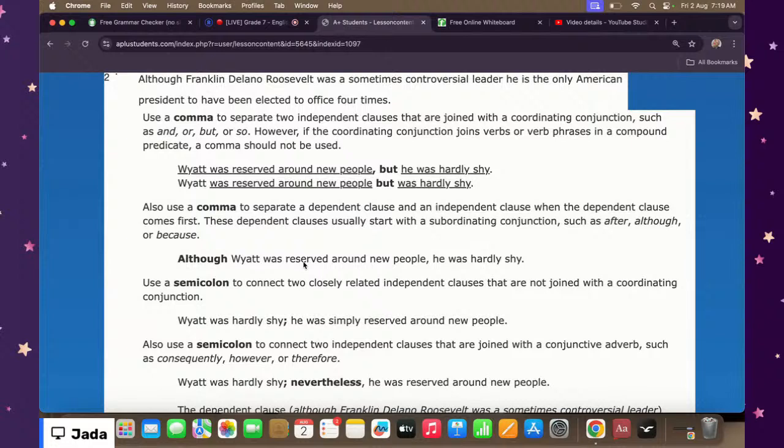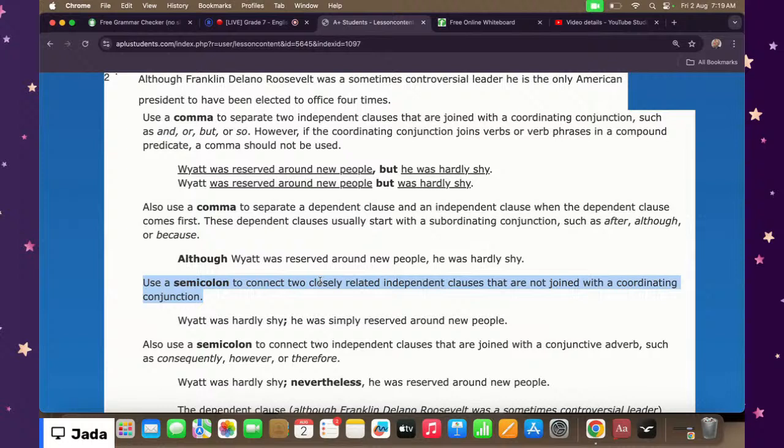Use a semicolon to connect two closely related independent clauses that are not joined with a coordinating conjunction. Let's say we have two independent clauses, but you cannot see the coordinating conjunction, the and, or, but, so.